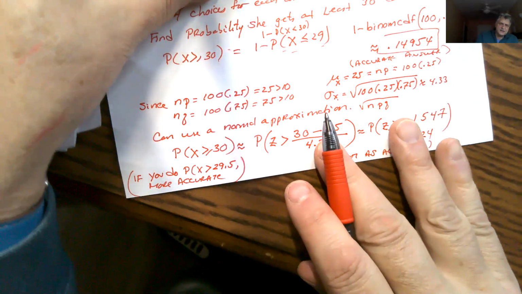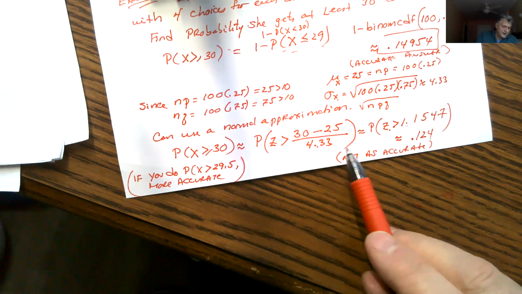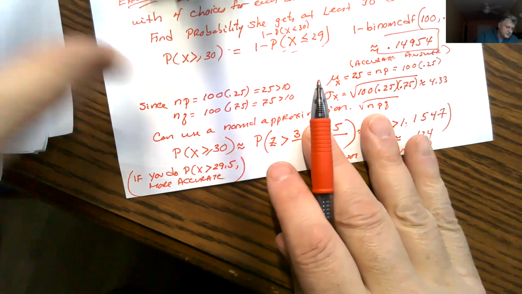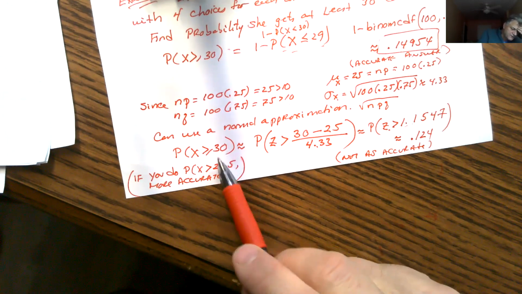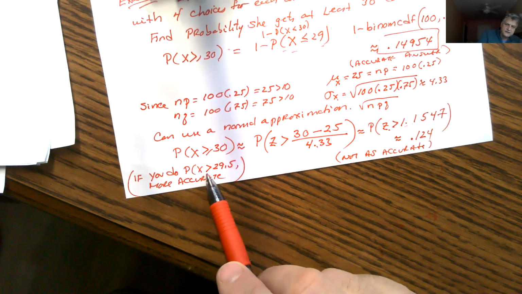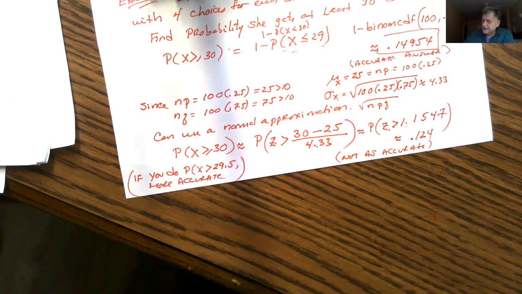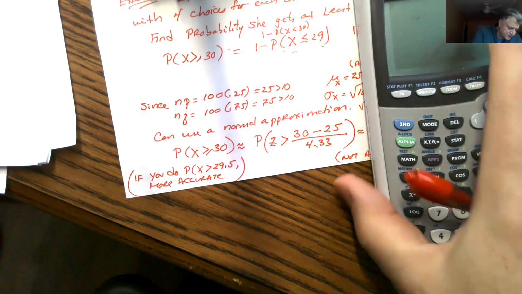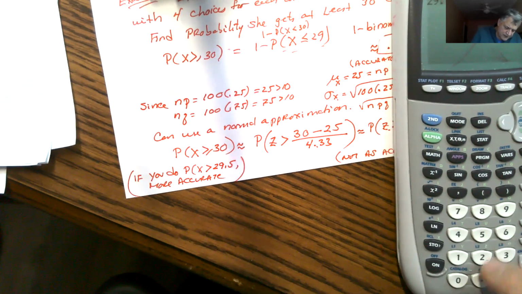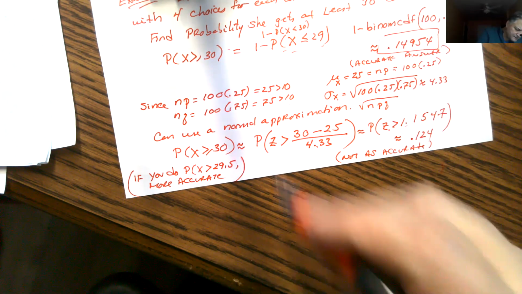Now, this is not in the syllabus, but if you want to make it more accurate, if you want X to be greater than or equal to 30 by rounding, you could have the probability that X is greater than 29.5. So let me figure out the z-score for that. 29.5 minus 25 divided by 4.33. That gives me a z-score of about 1.039.